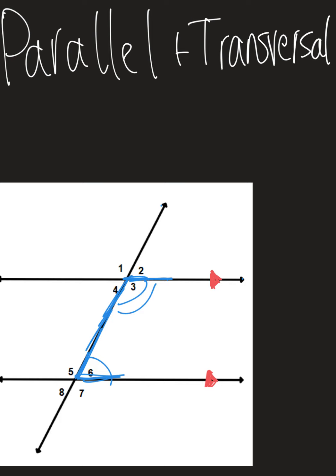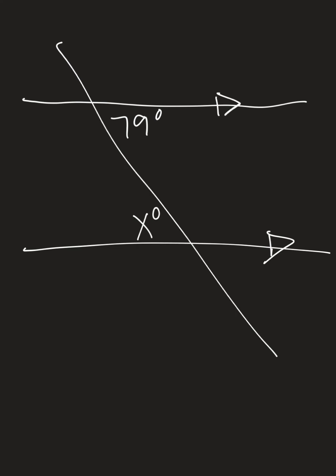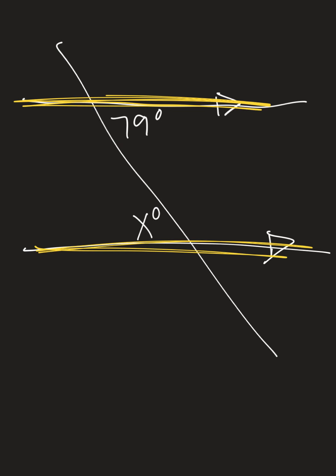Let's take a look at how to find a missing angle when I have one of those angle relationships, okay? So for example, I have x degrees and 79 degrees. Now the first thing I'm going to do is take a look at them and see what kind of angle relationship they have. So you notice that I have my parallel lines here, one above the 79 and one below x, making these angles, the 79 and this x, interior angles, okay? Now I'm going to look next at my transversal.